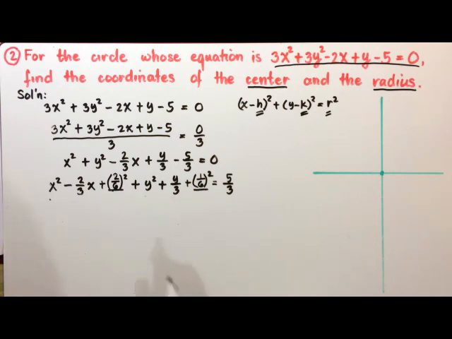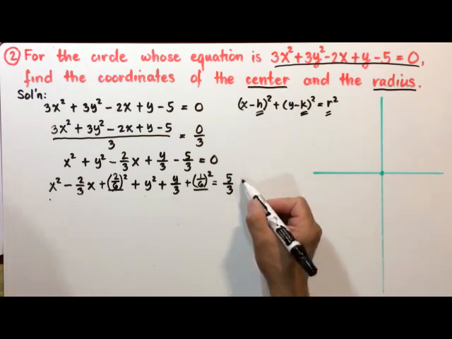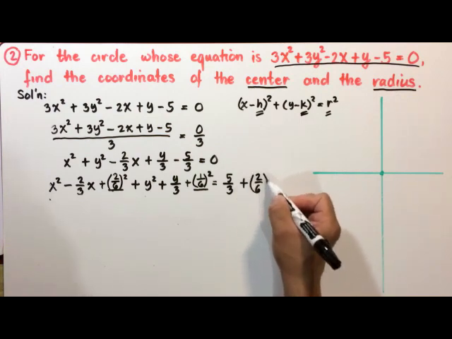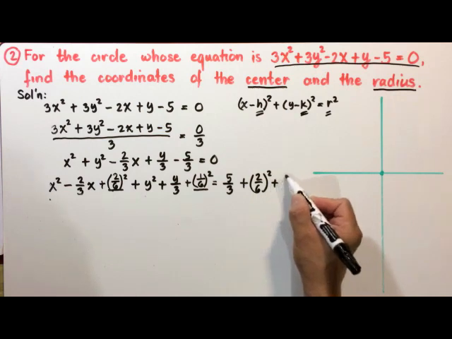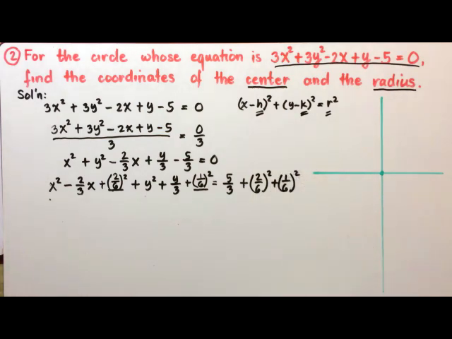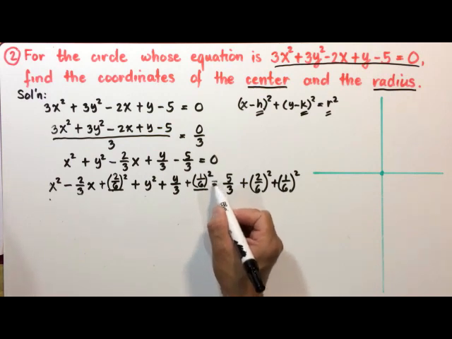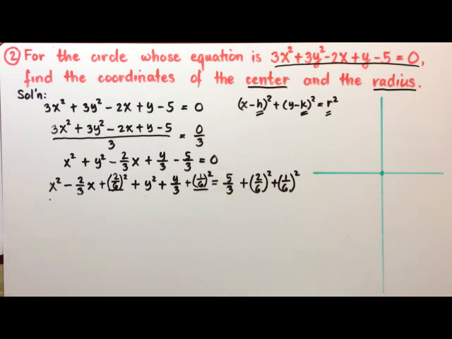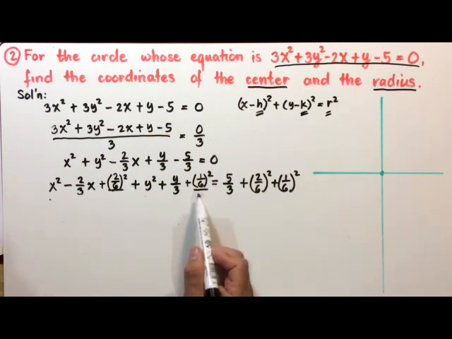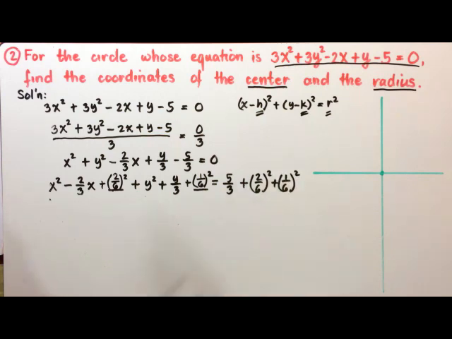So what will I do to make it balance? I will also add at the right 2/6 squared and 1/6 squared, to make this equality hold. Because I add 2/6 squared and 1/6 squared at the left, I add the same amount at the right to make the equation balance.